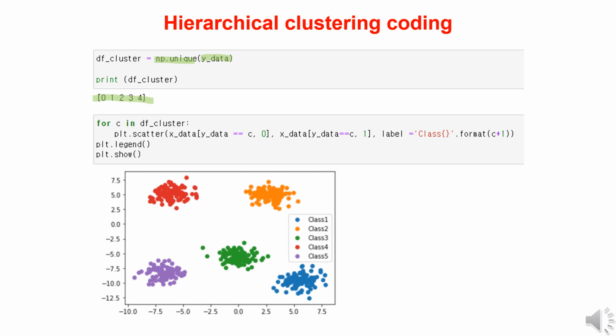We've then used a combination of the for loop and NumPy's unique function to visualize this information in a 2-dimensional manner. This enables us to input the values 0, 1, 2, 3, and 4 into C to represent each cluster on the graph. Additionally, we added 1 to the values to create a legend representing the 5 clusters.